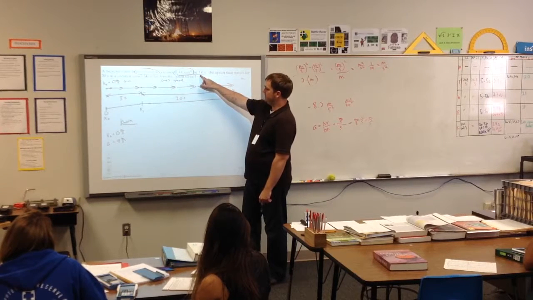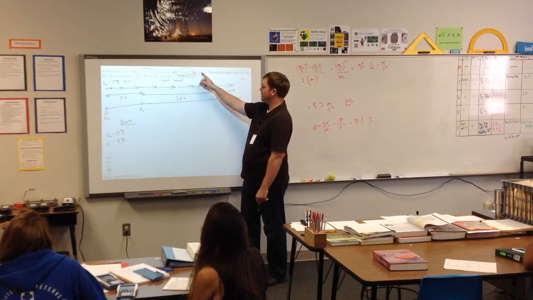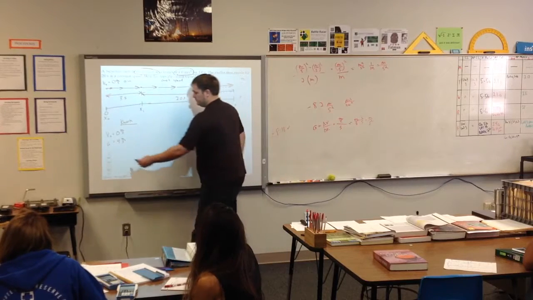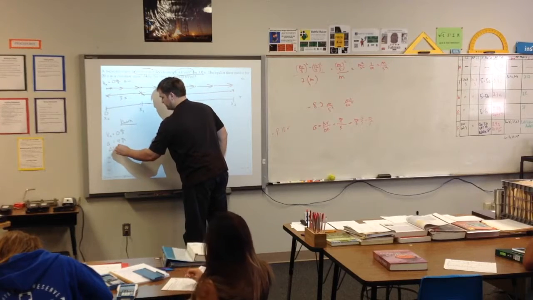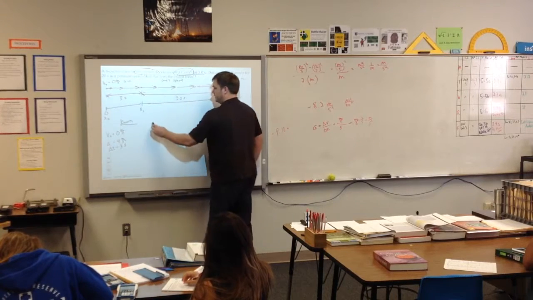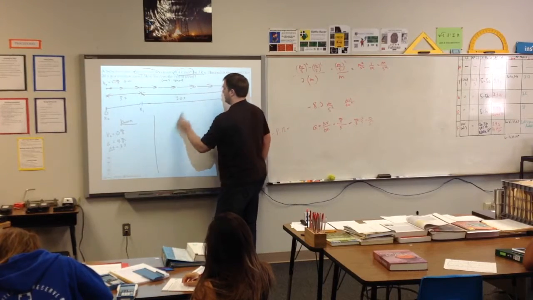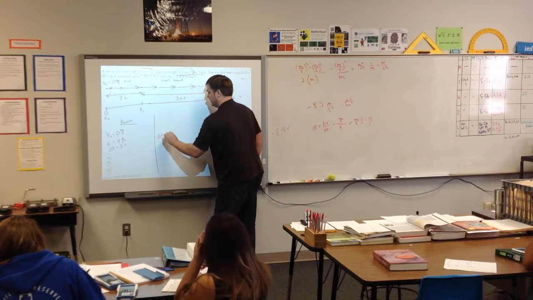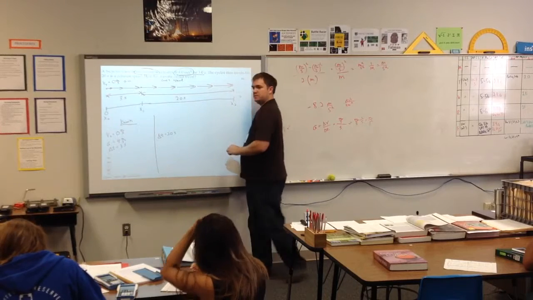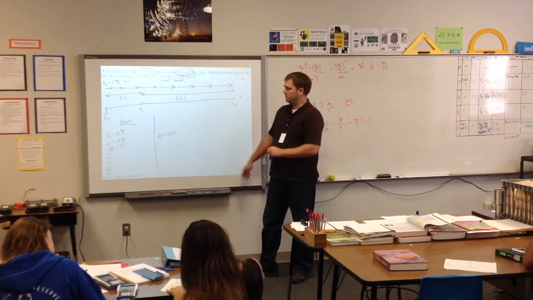This time frame over here is 3 seconds. So I could put this delta t is 3 seconds, and then maybe over here, for this problem, this delta t is 20 seconds. Does that make sense?